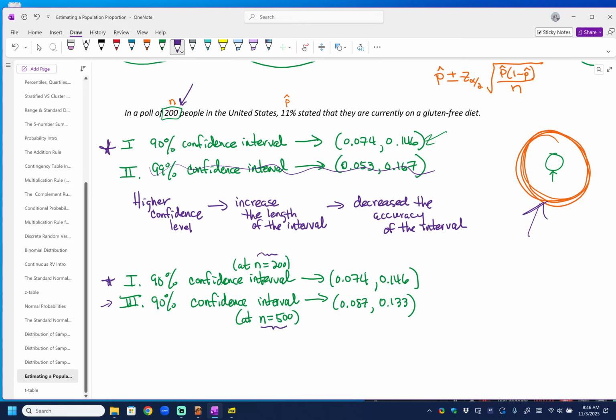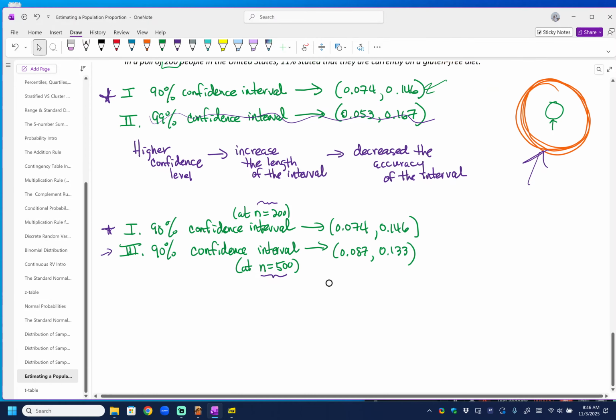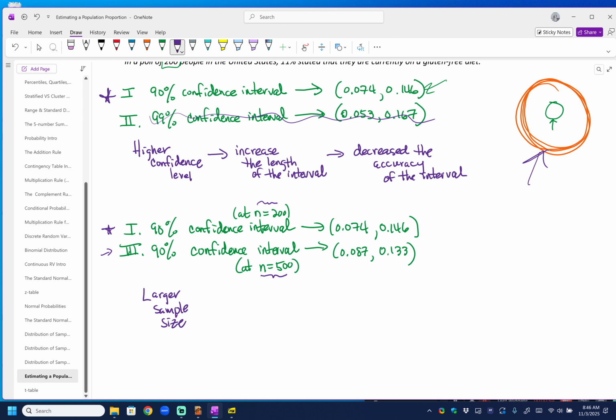So basically, what have I done? Larger sample size. Okay, so remember over here, I increased the confidence level, so now I'm increasing the sample size. So what does that do? Well, the first question asked was, what is the length of the interval compared? Well, from going from here to here, you can clearly see that we have narrowed the interval. We have a larger low value and a smaller high value.